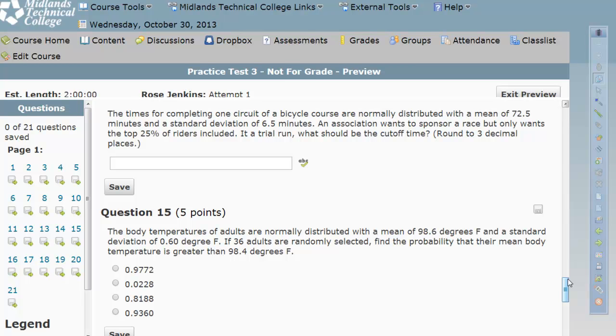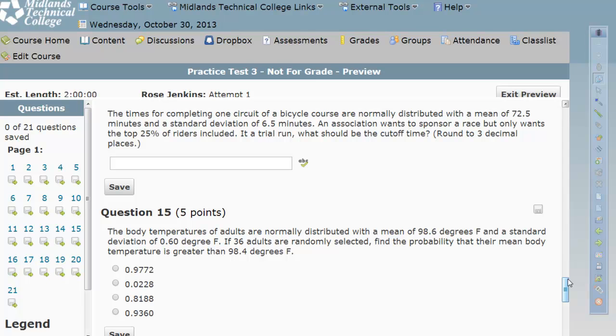So the next problem turns the process around. It says the times for completing one circuit of a bicycle course are normally distributed, with a mean of 72.5 minutes and a standard deviation of 6.5 minutes. An association wants to sponsor a race, but only wants the top 25% of riders included in a trial run.